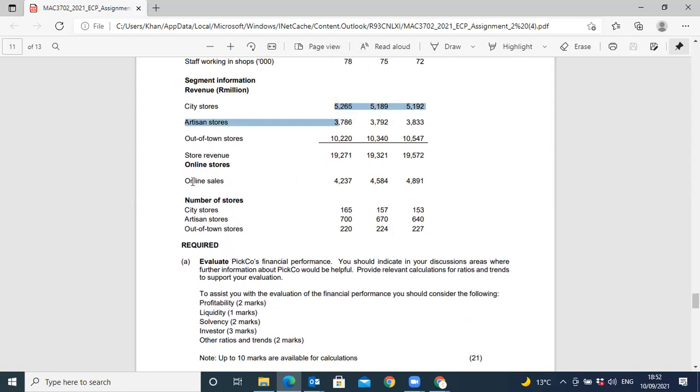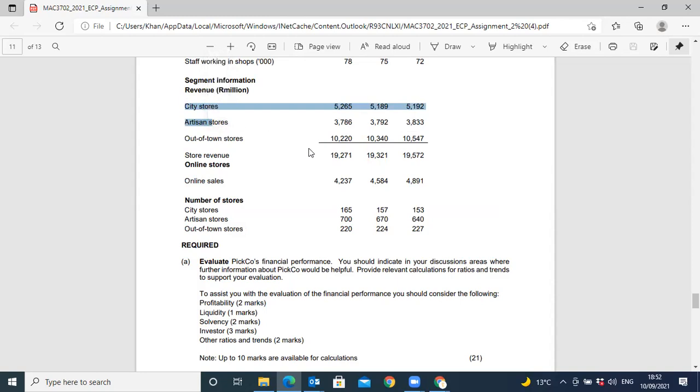Because they want to go online, they want to close city and artisan. So they want to stay with out of stores and then move online. So you can have a look at what percentage of total revenue these two are, right? Because if they close those two, how much revenue are they going to lose?